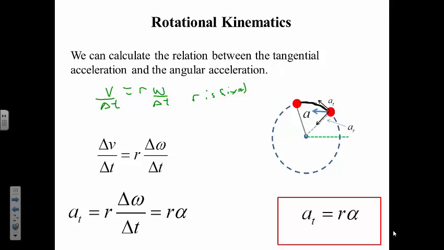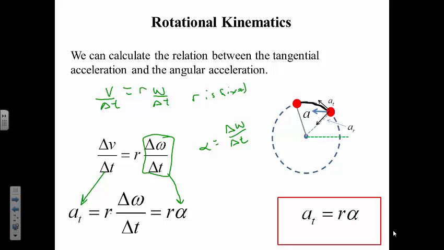And so what happens is we get delta v over delta t, but this is just our tangent acceleration. And of course, we've said that alpha is delta omega over delta t. So essentially we get a_t is r times this, but this essentially becomes alpha.